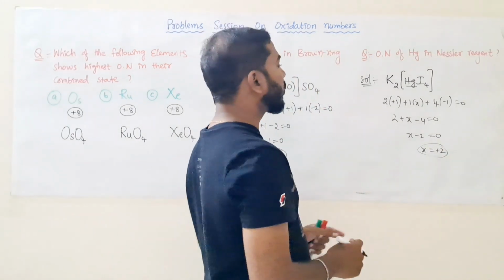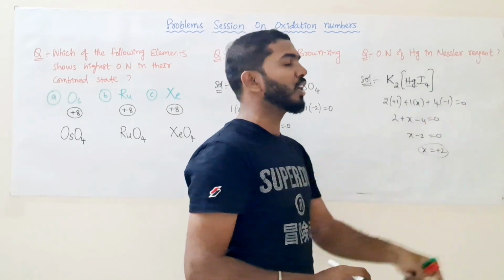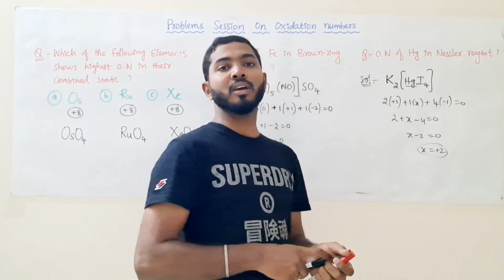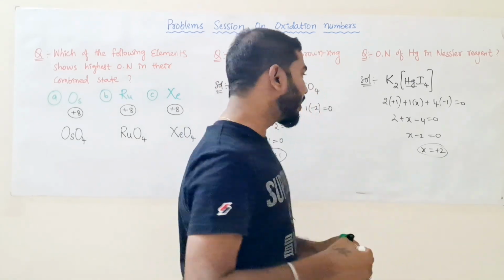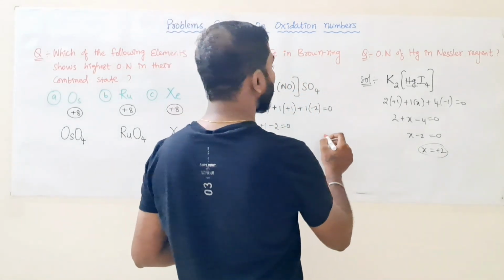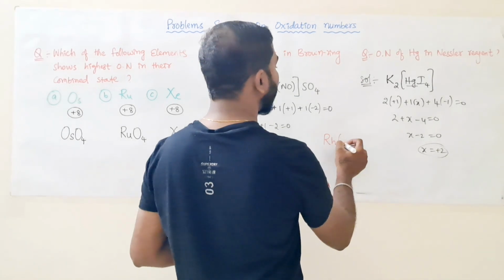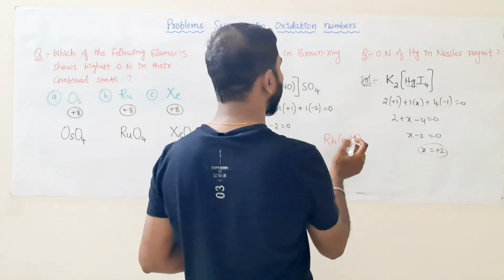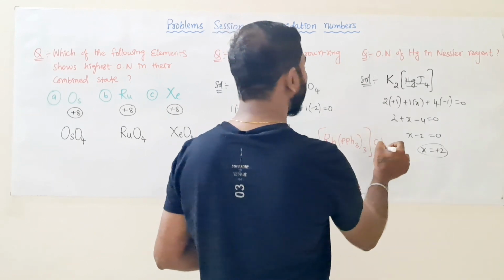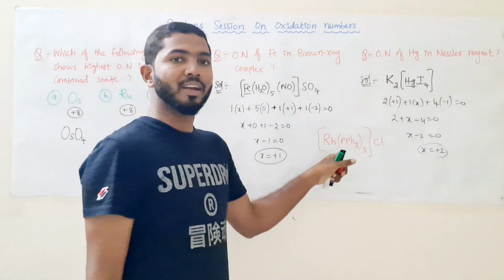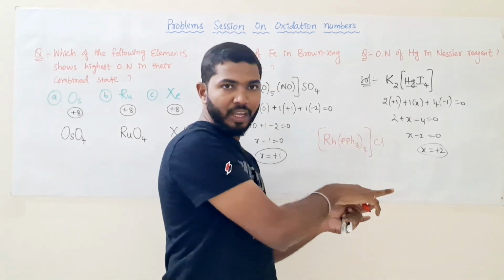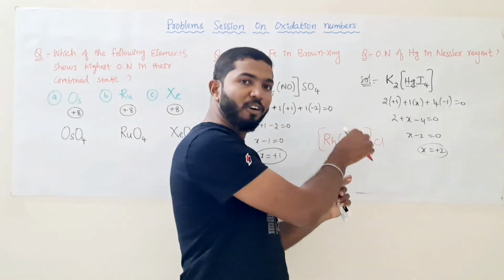So this is about the oxidation number calculation. We have so many important complexes like Wilkinson catalyst. So what is Wilkinson catalyst? That is rhodium triphenylphosphine chloride. This is called Wilkinson catalyst, where PPh3 is triphenylphosphine.